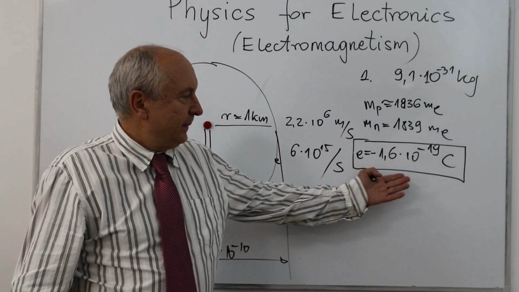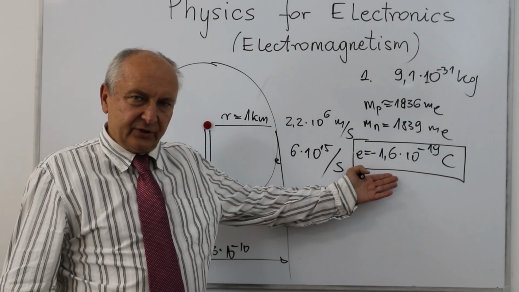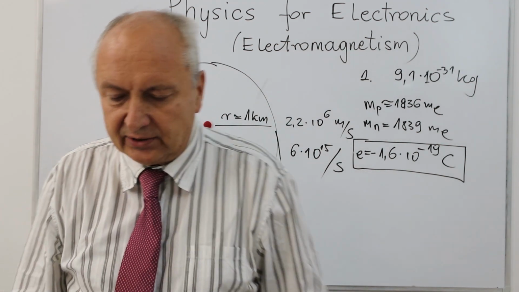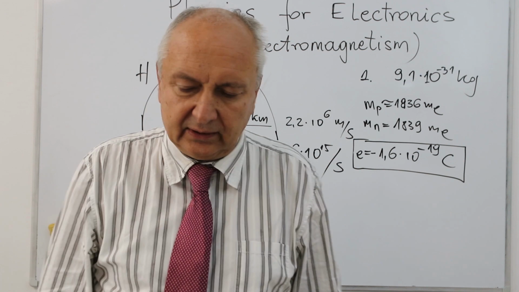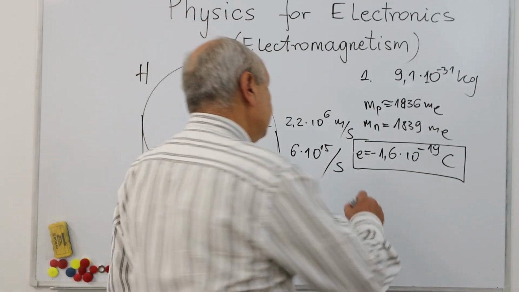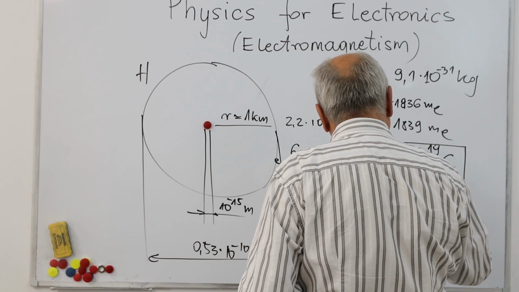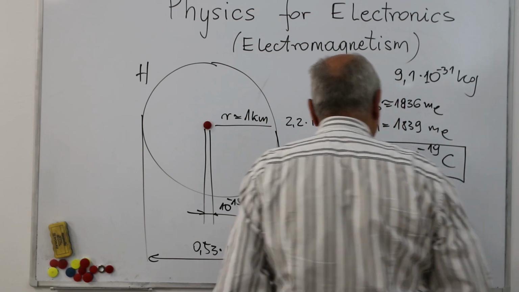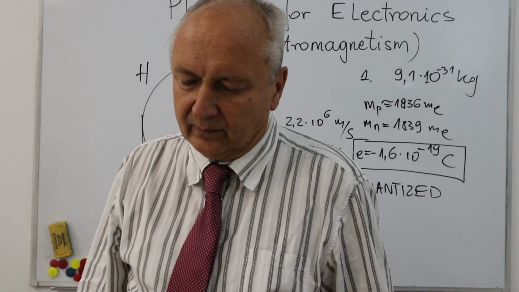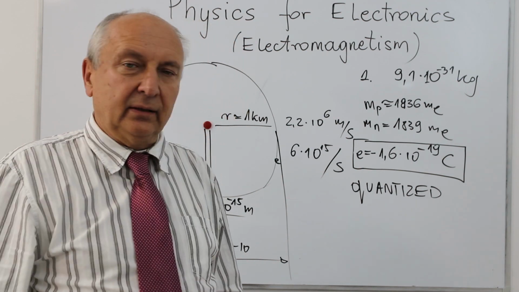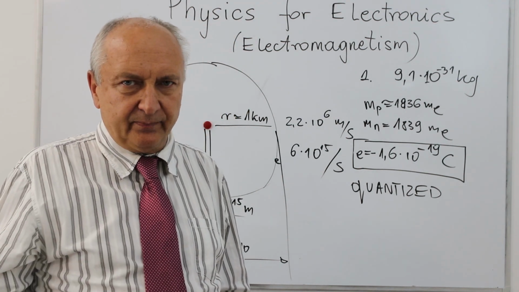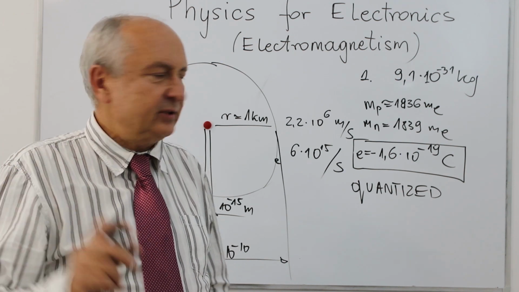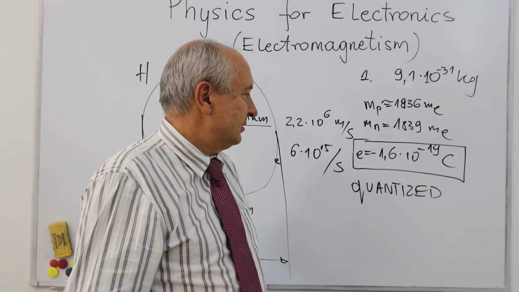And this is the minimal portion of the charge. So we can say that the charge of the electron is quantized. That means we can have charge in portions, and the smallest portion is the portion of one electron.